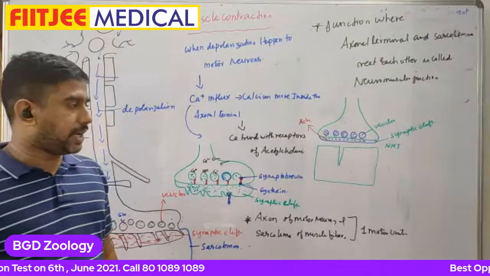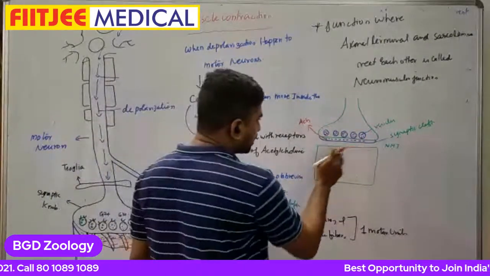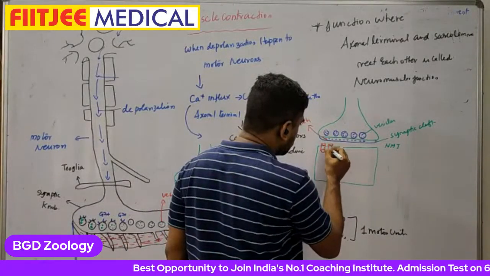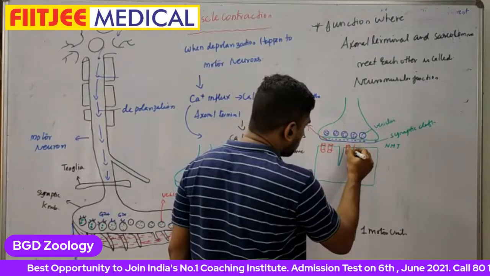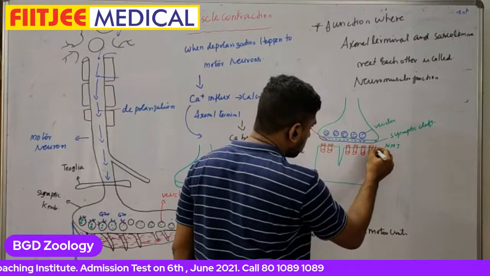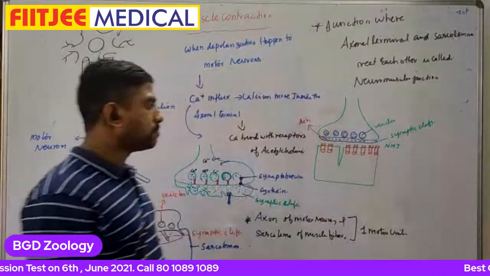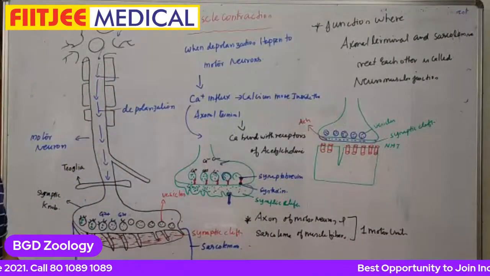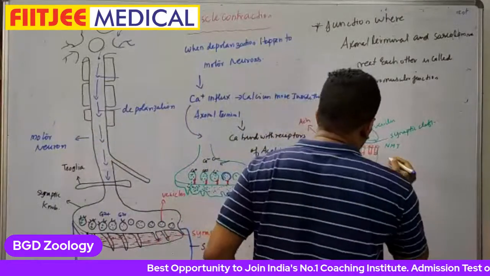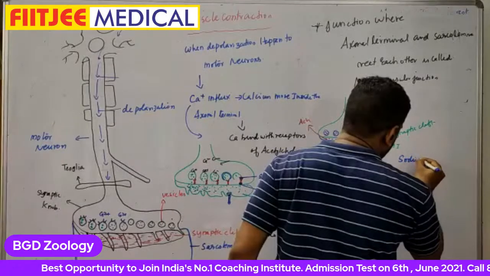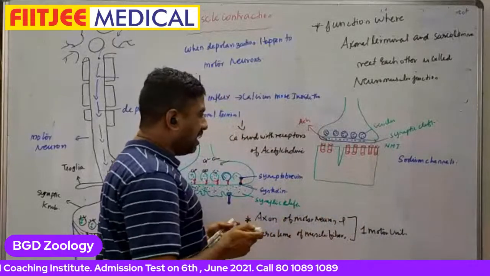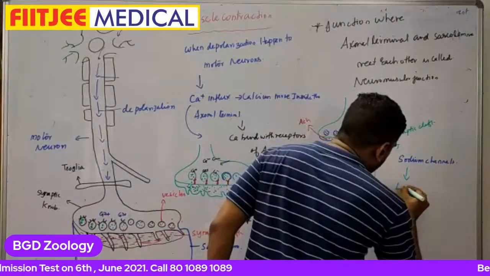For that, if you take the sarcolemma part, there are so many sodium channels. What is the character of these sodium channels? The sodium channels are ligand gated.